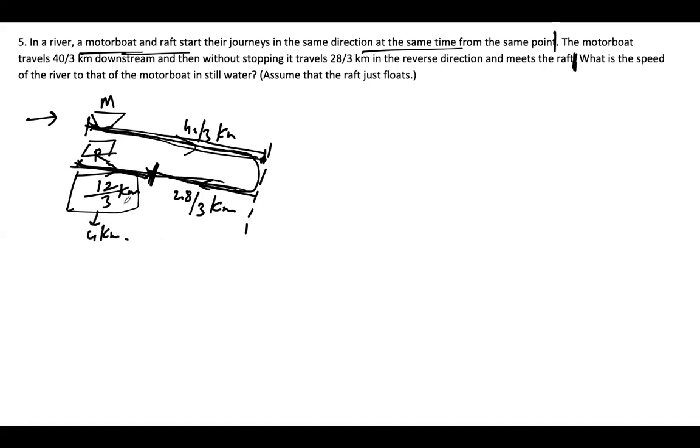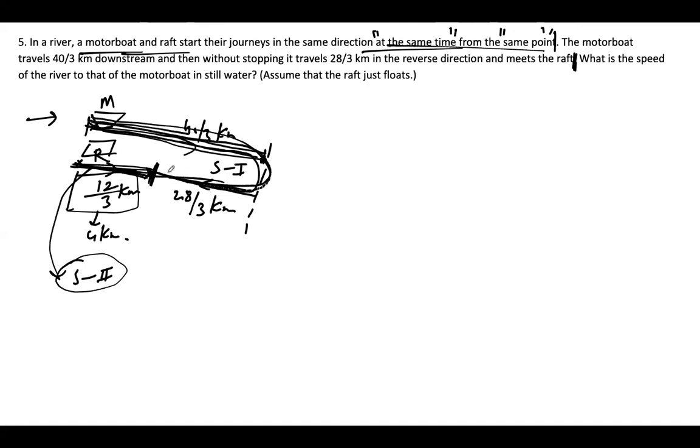Also, what is constant? Let's say this is scenario 1, and this is scenario 2. The question says they start in the same direction at the same time from the same point. What's constant here? Imagine the motorboat having a watch. The time is constant.